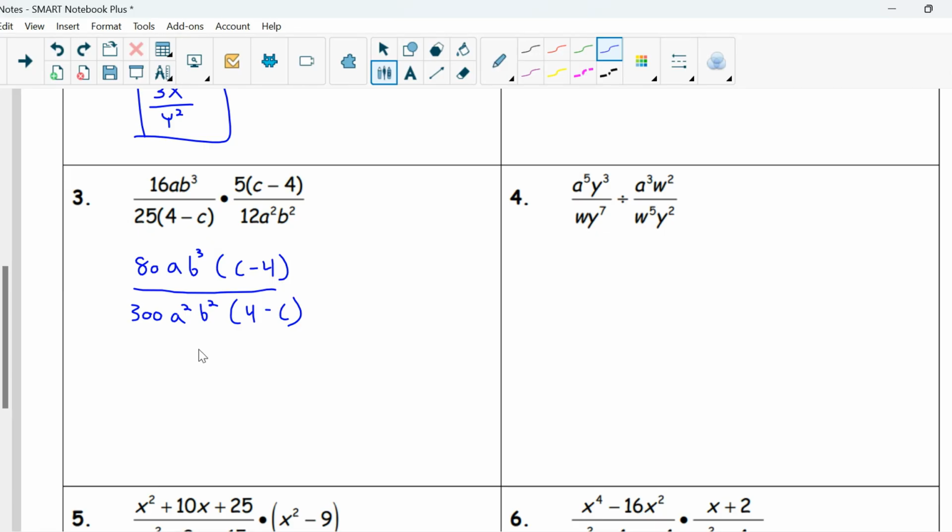So now what I'm going to do is I'm going to reduce my fractions. So 80 over 300, let's see. I could divide both of those terms by 20. So 80 divided by 20 is 4. 300 divided by 20 is 15. Now I'm going to simplify my variables here.